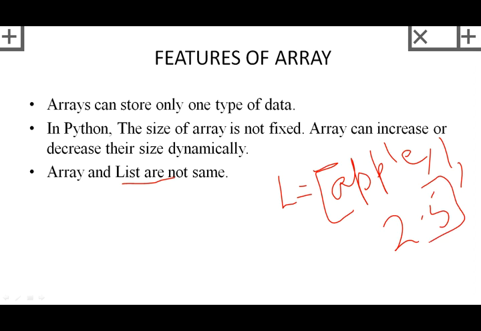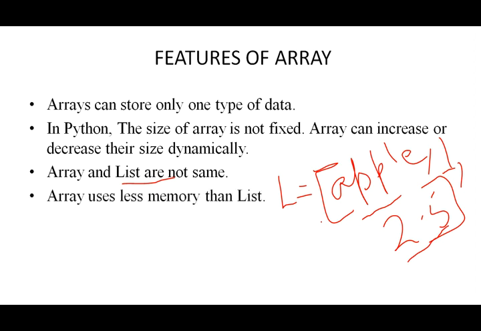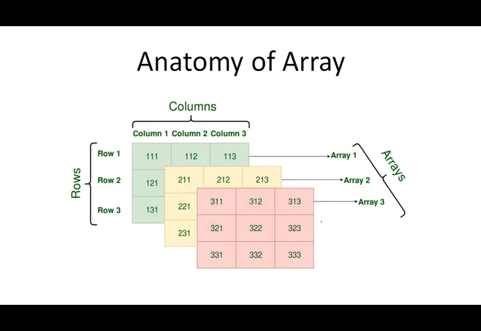In this way we were writing. Here you can see apple is a string, 1 is an integer, and 2.5 is a float. Different things can be stored in list, but in array we cannot store such kind of things. Array uses less memory than the list.